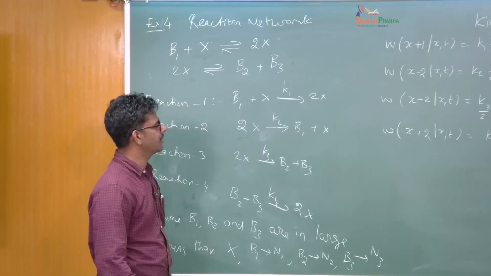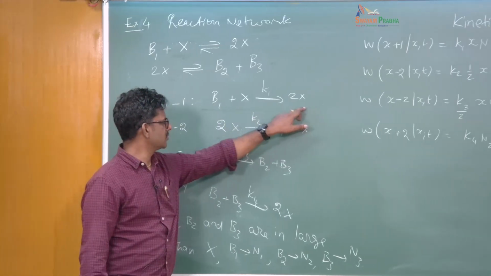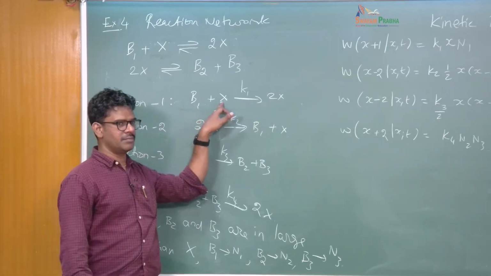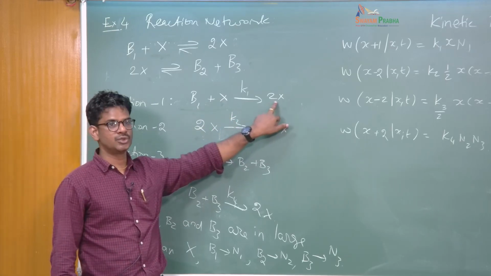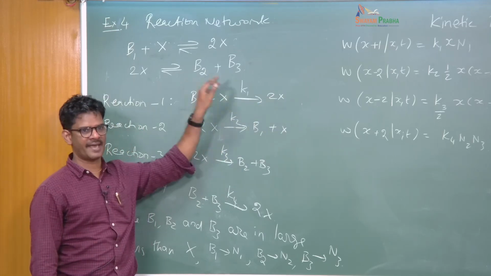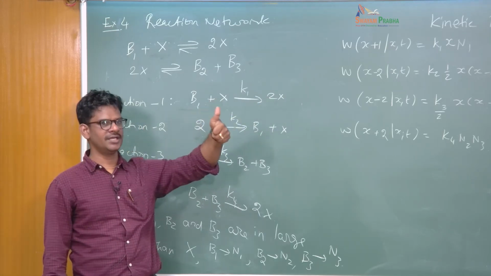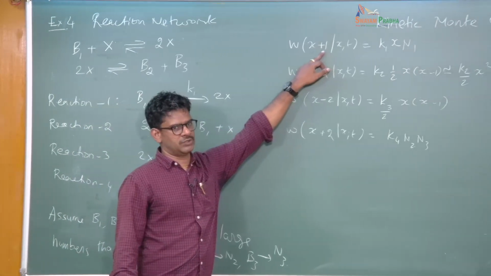So with that you can see the first rate, this one. What happens here is one molecule of X combines with B1 and you get 2X. So when this reaction happens, we generate one additional X molecule. So the nu here is +1.